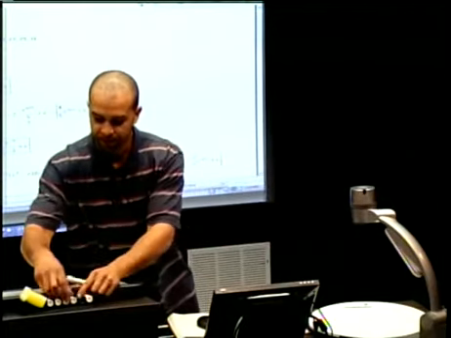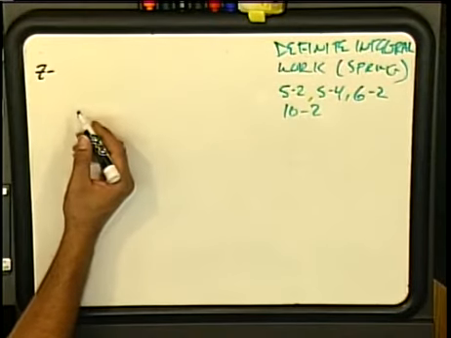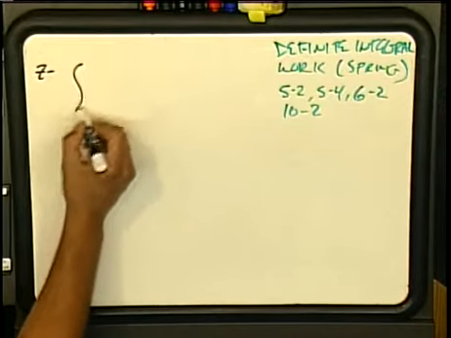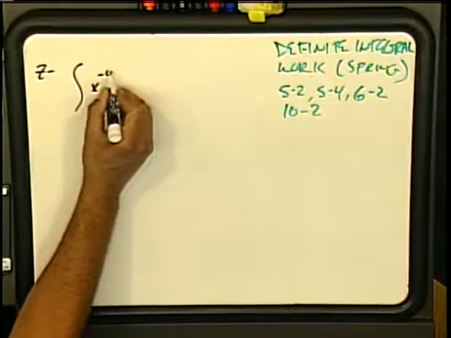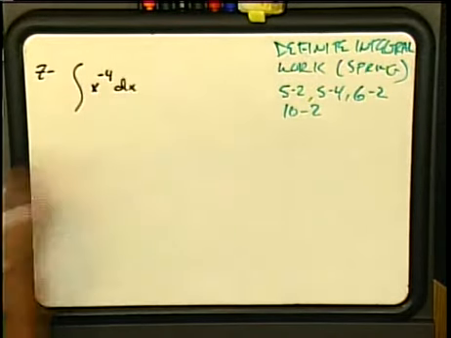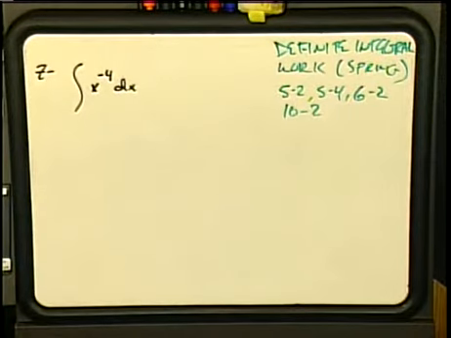Number 7 starts out: integrate x to the negative 4 dx.